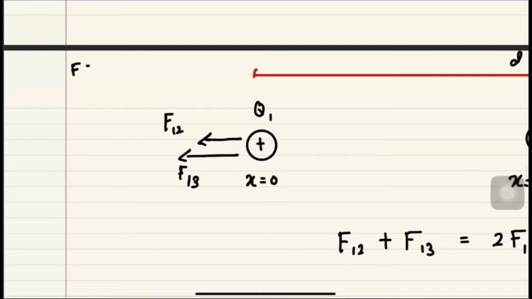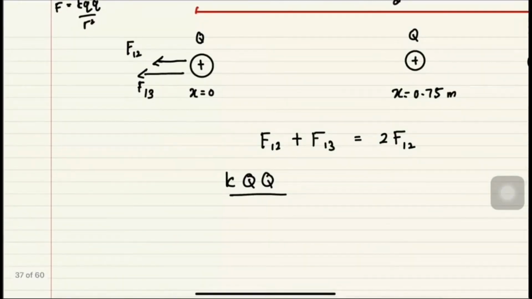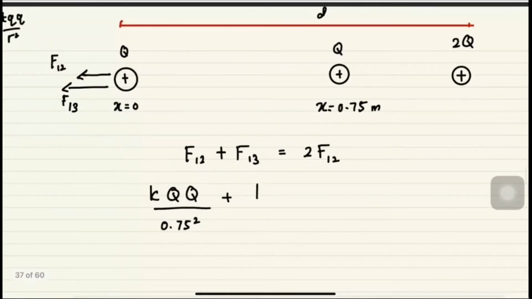So that means this will be kQ1Q2. Since Q1 and Q2 have the same magnitude, I just put it as kQQ over r squared. Initially, the distance between 1 and 2 is 0.75 meter, so that will be 0.75 meters squared. And then F13 is between 1 and 3, which is kQ1Q3, where Q3 is 2Q, and the distance is d squared.